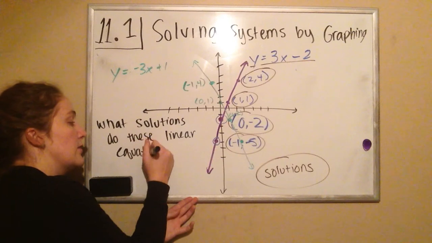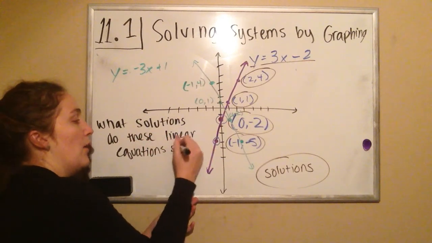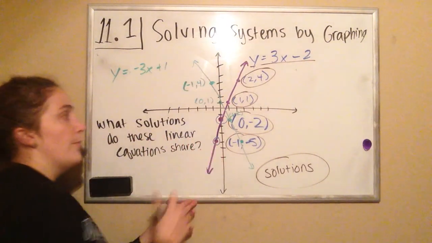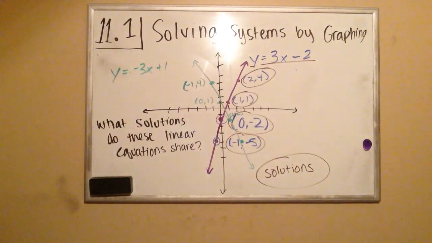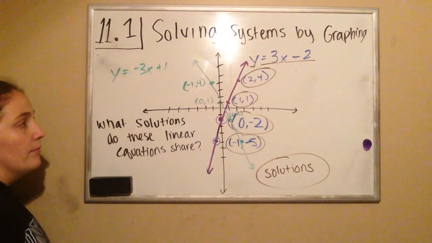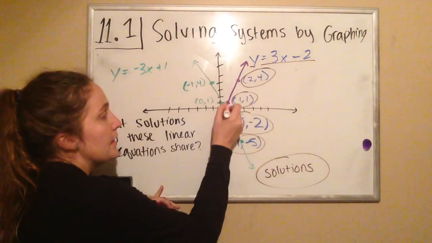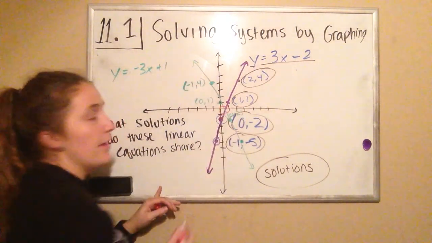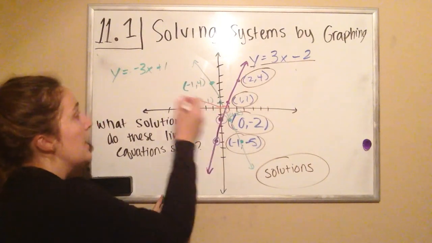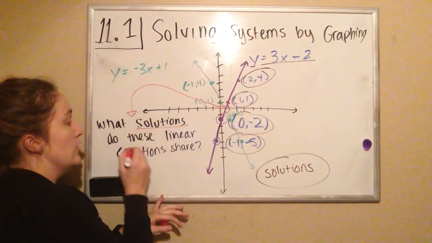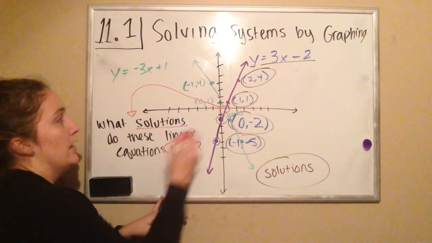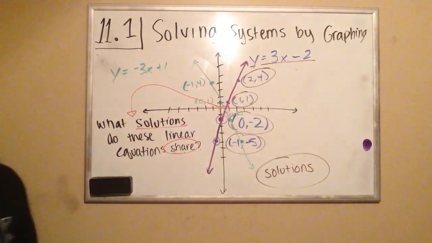Remember, when we talk about solutions, we're talking about ordered pairs. So what ordered pairs do they share? I'm just going to give you a brief little hint. This is going to be our solution, right where they cross, right where they meet. That is the solution they share. That point right there, right where they cross.